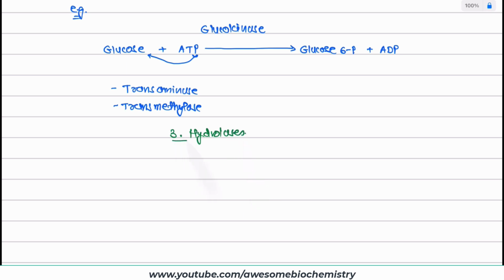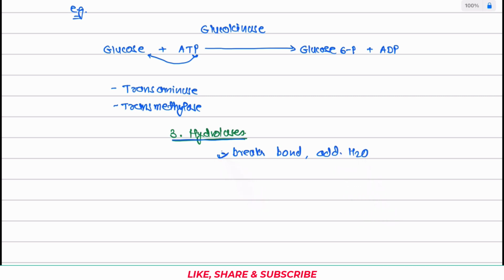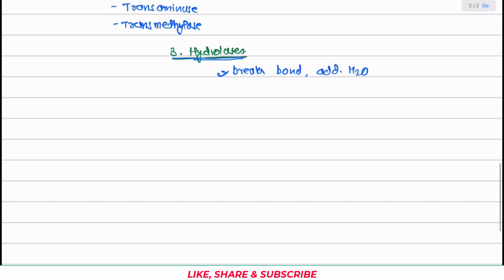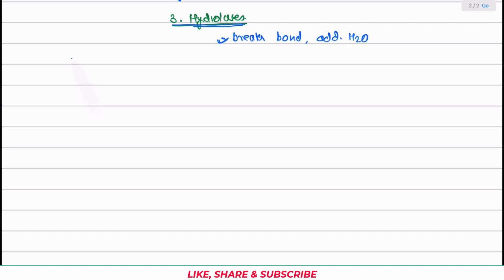Hydrolases. Now, what does this class of enzyme do? Any enzyme which breaks a bond by addition of water, if it catalyzes such a reaction, is classified under hydrolases. For example, suppose we have one molecule where A and B groups are bonded with each other.